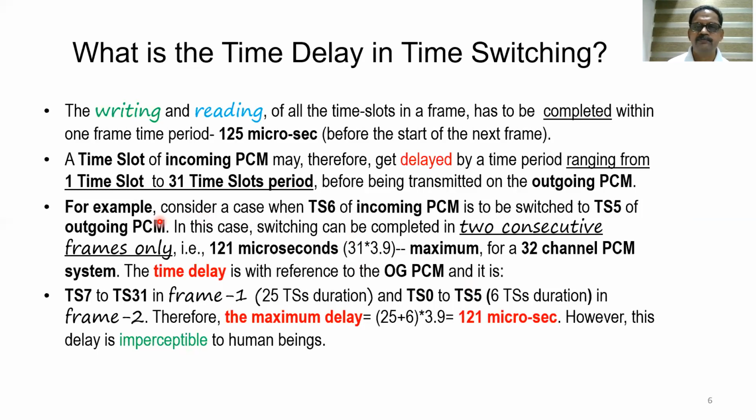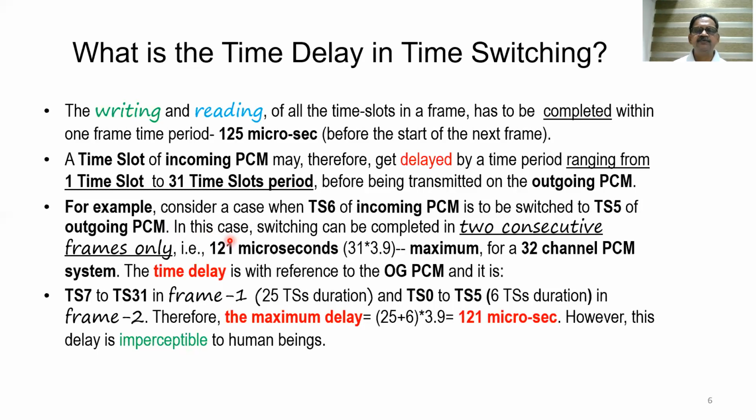For example, consider a case when TS6 of incoming PCM is to be switched to TS5 of outgoing PCM. So in this example, we are taking the worst case scenario. The information is arriving in the incoming PCM in time slot 6, and we have to send it onto the outgoing PCM in TS5, that is 1 time slot before. So how does it happen? Let us see.